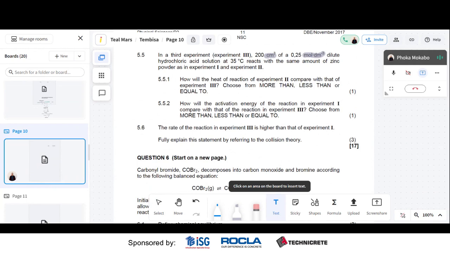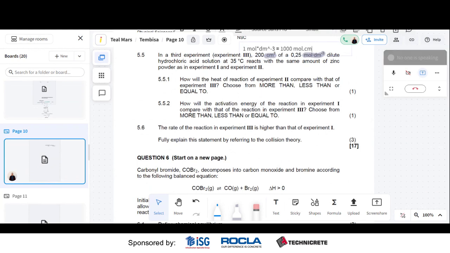Now, the hard and fast rule is, let me try that one more time. 1 mole per decimeter cubed is equal to 1000 moles per centimeters cubed.